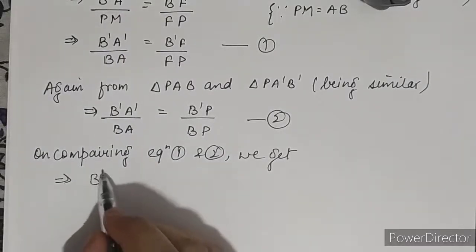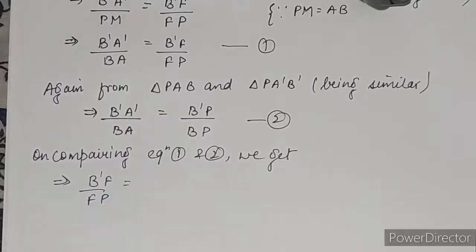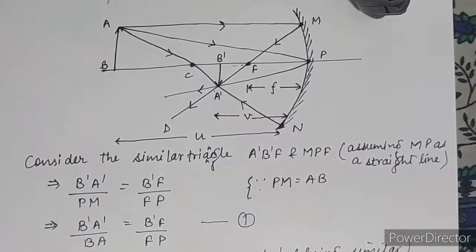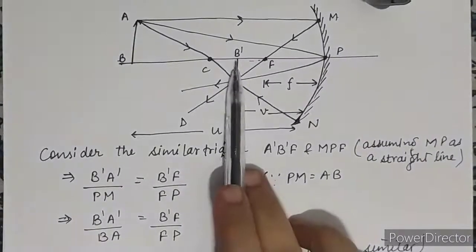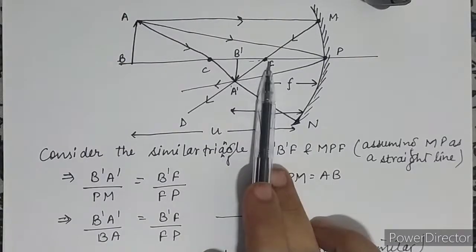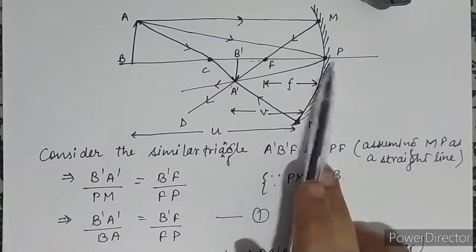So B'F upon FP. First of all I am just writing this B'F upon FP in another way, like B'F. So in this diagram, beta, this is your B'F. So what I am going to write down, B'F can be written as B'P minus FP.